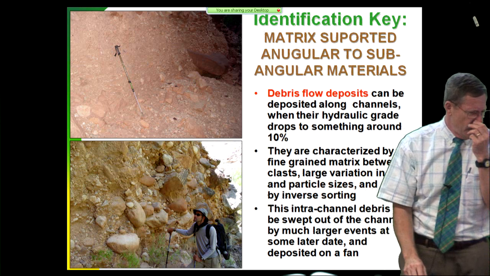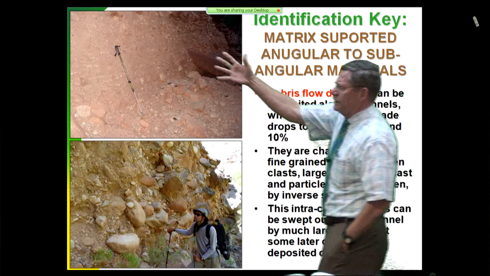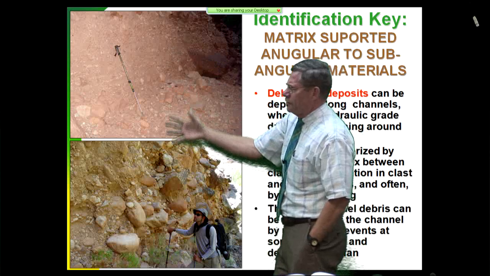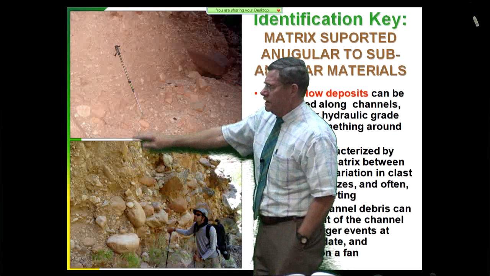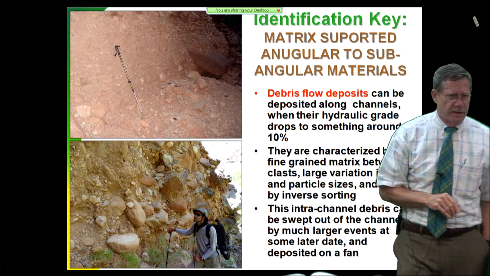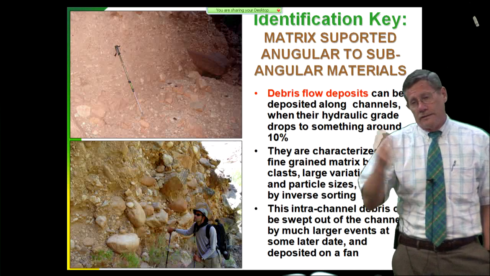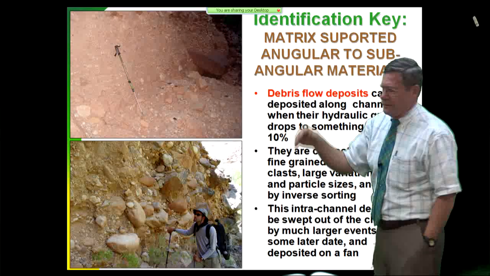So how do you identify these deposits? If you go someplace like the Grand Canyon, you go up any of the principal side canyons of the Grand Canyon, all you're going to see is debris flow deposits. 100% of the recent sediment is debris flow or landslide debris. Usually it's landslide debris gets reworked into debris flows.